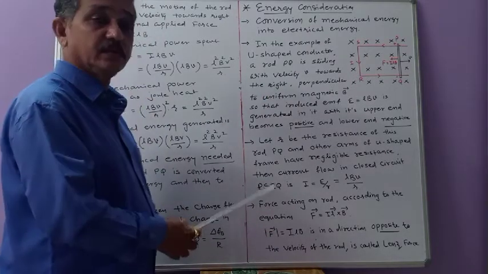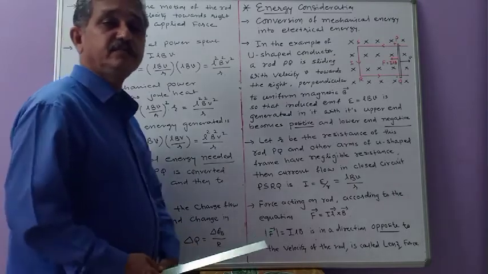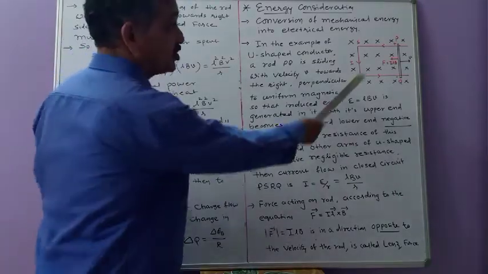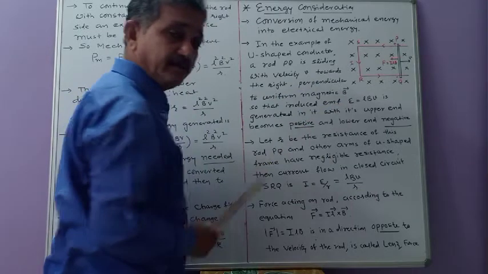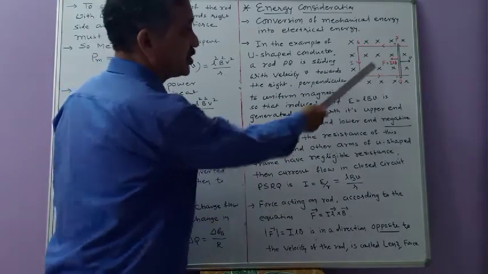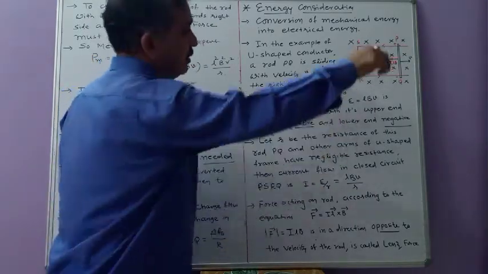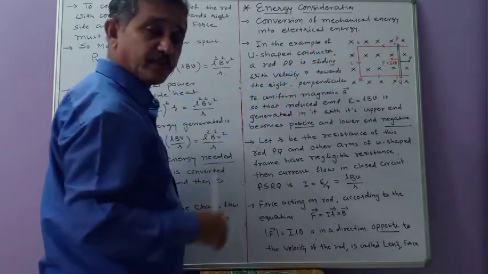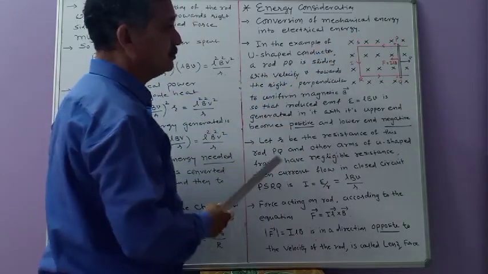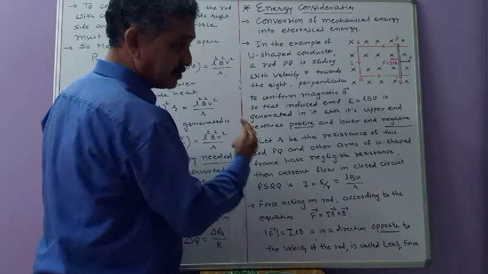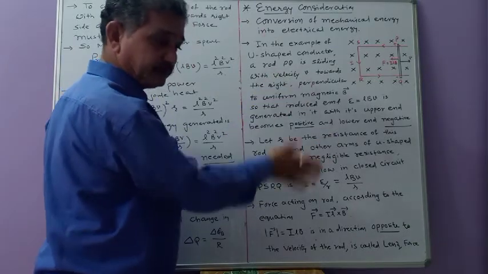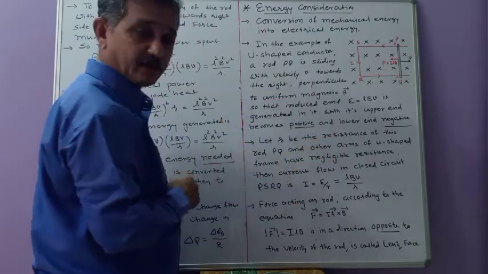So here, as we have seen last time, the experiment of the conducting frame, which was placed in a uniform magnetic field. Magnetic field lines are going inside, perpendicular to the board. The U-shaped frame is like this one, so the plane of the frame is perpendicular to the magnetic field.